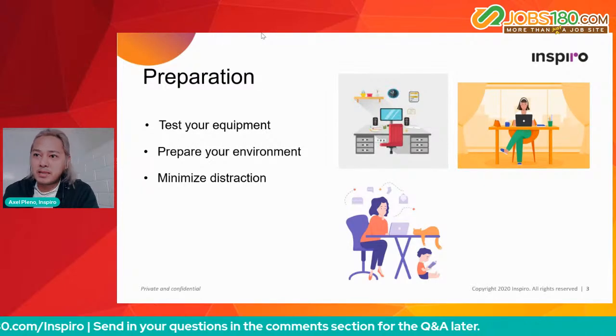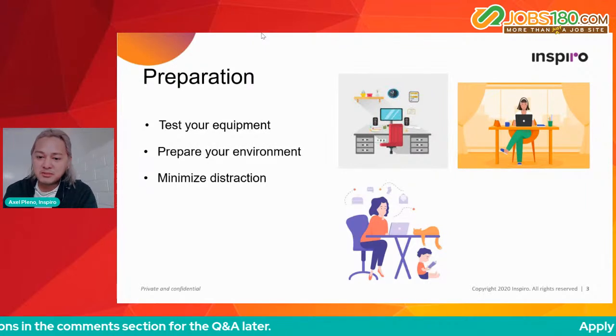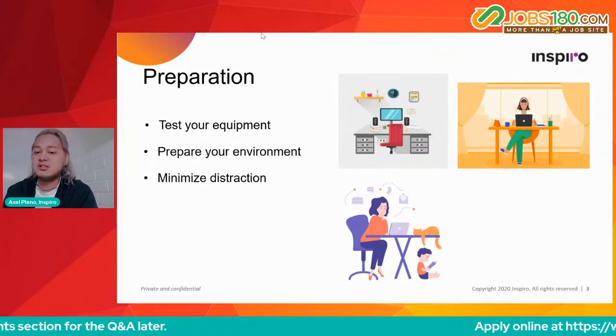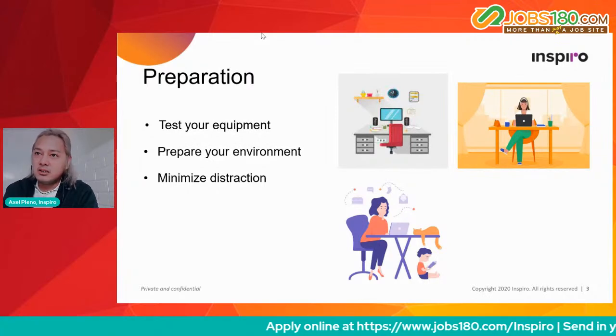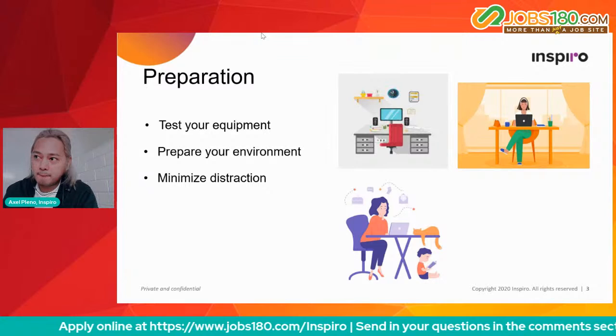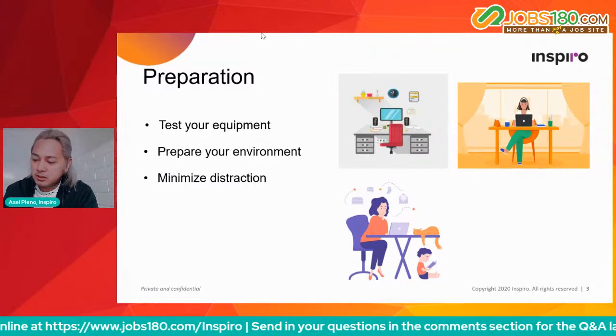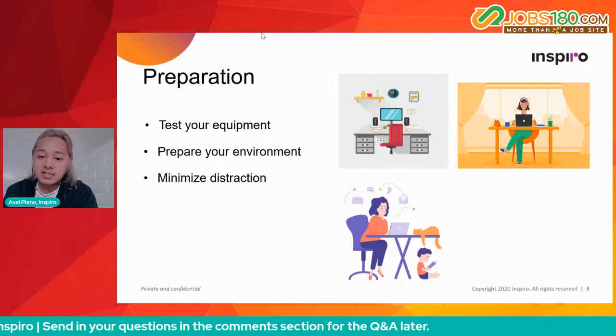If you have pets, take them out of the room where you will be interviewed, because that causes distraction. And the number one cause of distraction is still the cellphone. On a face-to-face interview, we keep our mobile phone in our bag on silent mode.